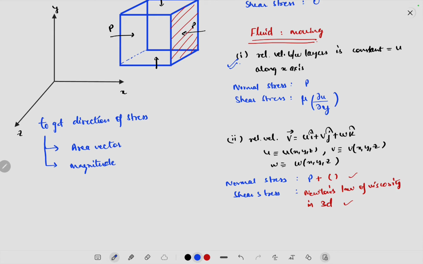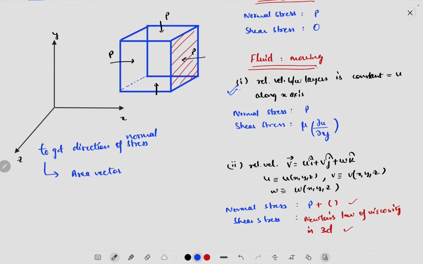Let's only focus on the direction. To get the direction of normal stress, we need to know the area vector.